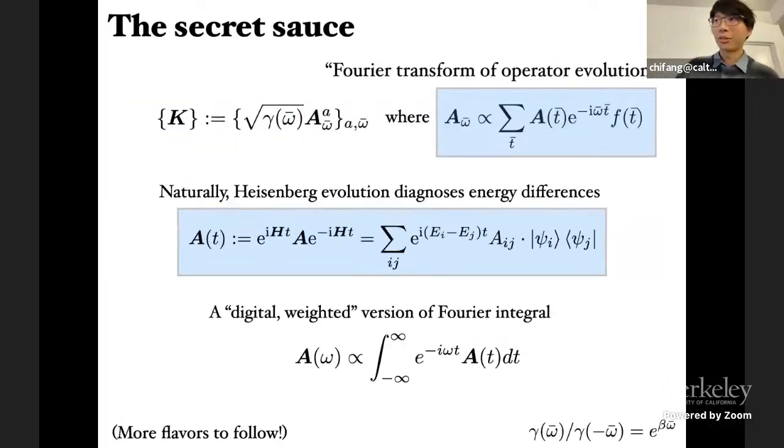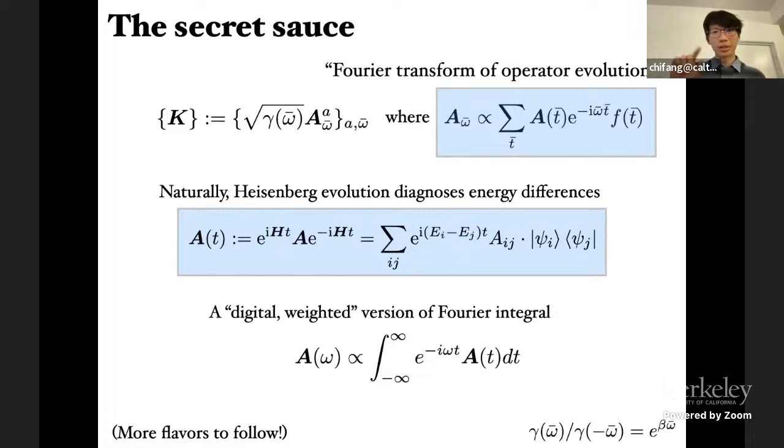All right, so now let's talk about how we get to our results. And here's the secret sauce that makes everything work. The key object that we identify is this Fourier transform of operator evolution. It's these things on the top right, and this A of omega. So let's look at this very carefully.